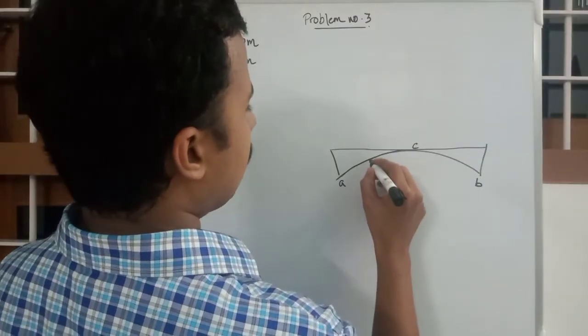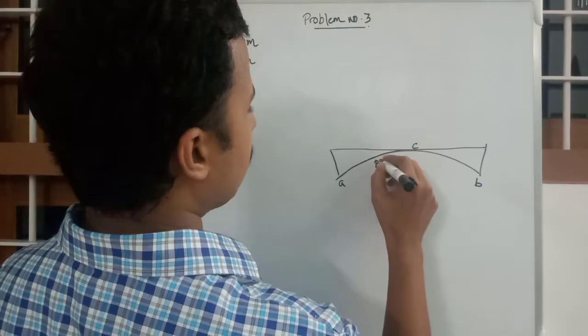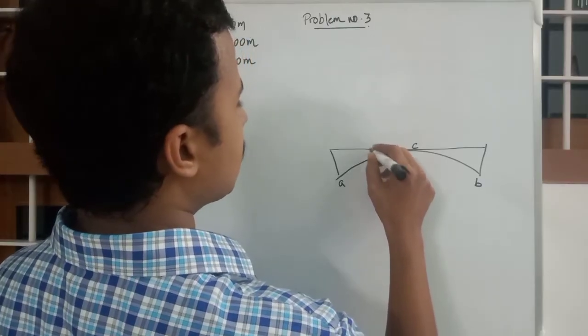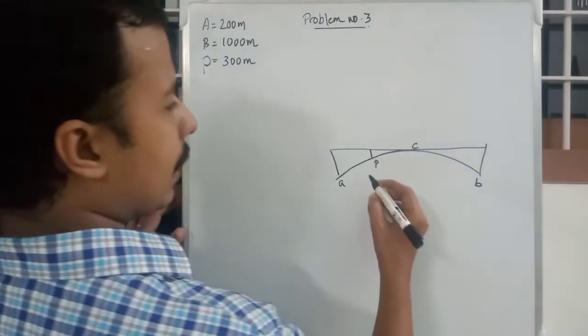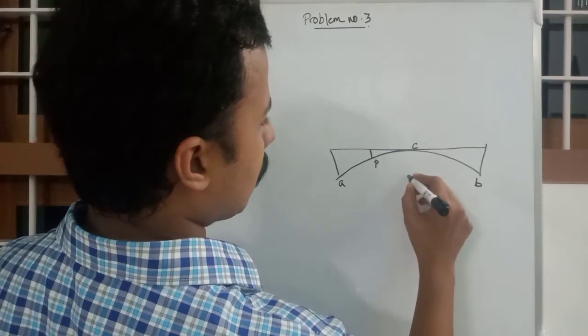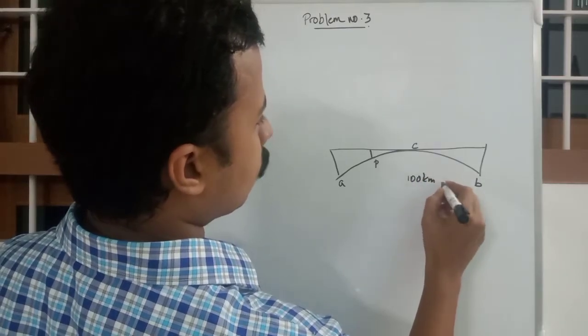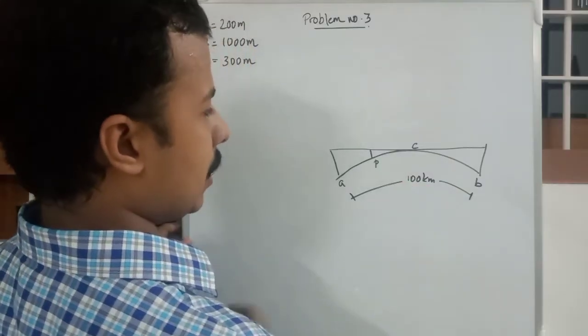Suppose here is P, we will express it as small letter p. The distance between A and B is 100 kilometers, that is capital D.